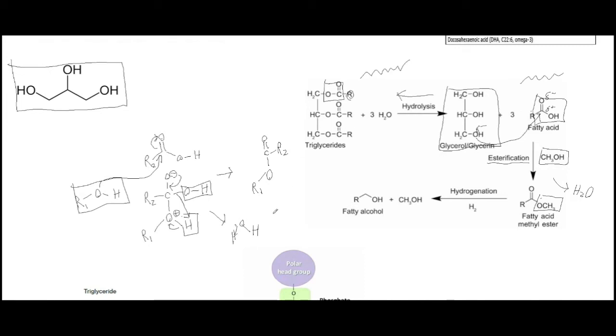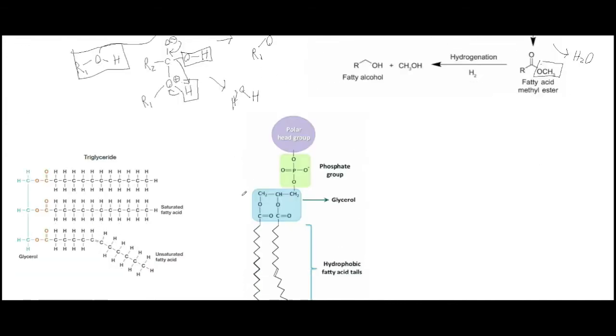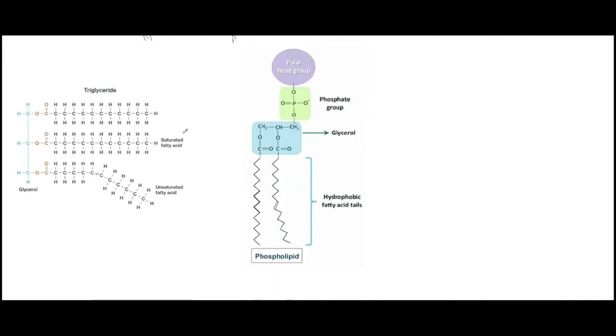You can go in the other direction, which then adds a water to it, and which is what they show right here. And then you free your glycerol and get your fatty acids freed from the glycerol. But I was showing it in this direction here. And so we're taking our fatty acids and our glycerol and turning it into a triglyceride, which I show down here.